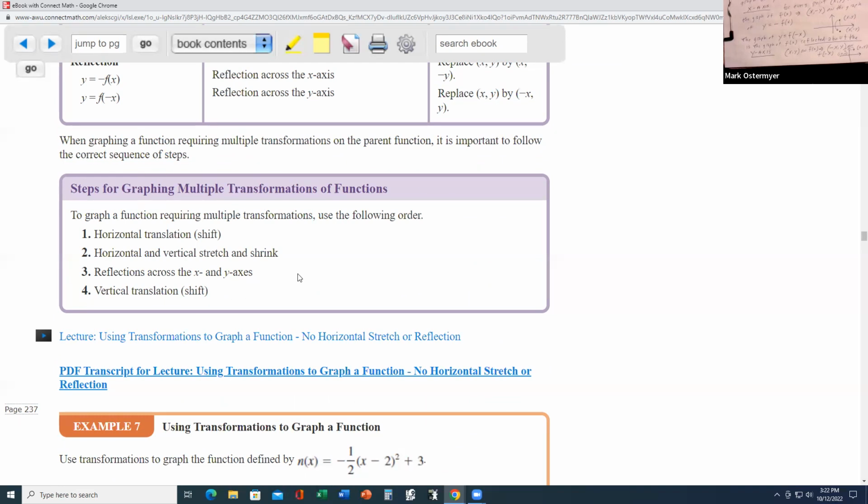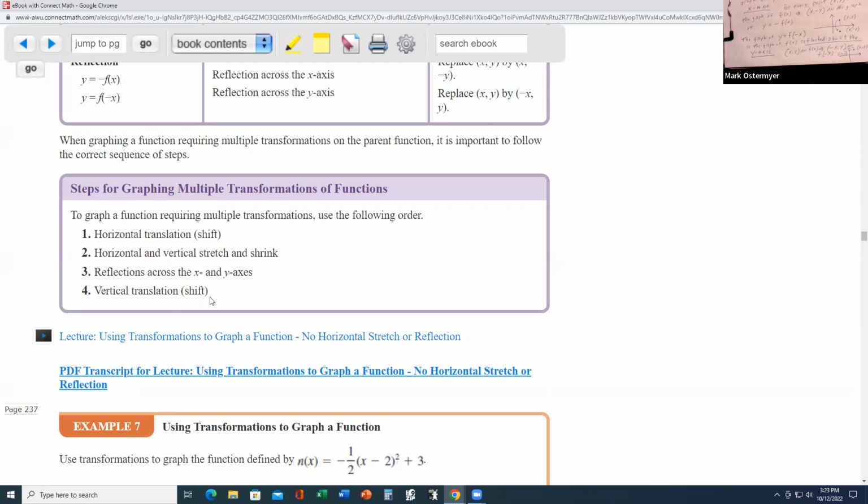Ladies and gentlemen, if your function has experienced many different transformations, you always want to deal with them in this order. You always want to take care of any horizontal translations or shifts to the right or left that have occurred. Then you want to deal with any horizontal and vertical stretching or shrinking that may have occurred. Then you want to deal with any reflections that may have occurred about the x-axis or the y-axis.